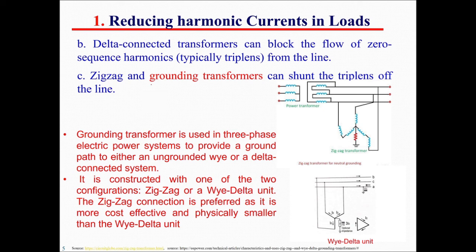We can also utilize what we call a zigzag or grounding transformer, also to shunt or to take out the triplen harmonics as well. So we can take out the triplen harmonics by using delta or by using a zigzag or grounding transformer.